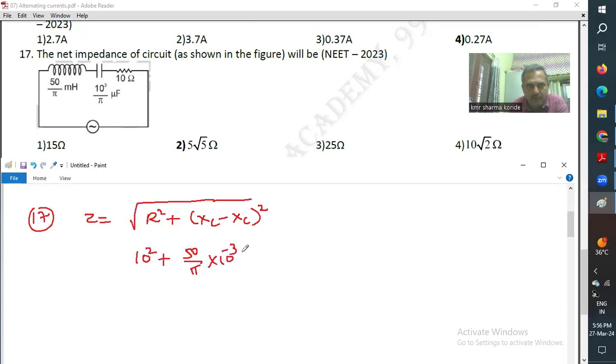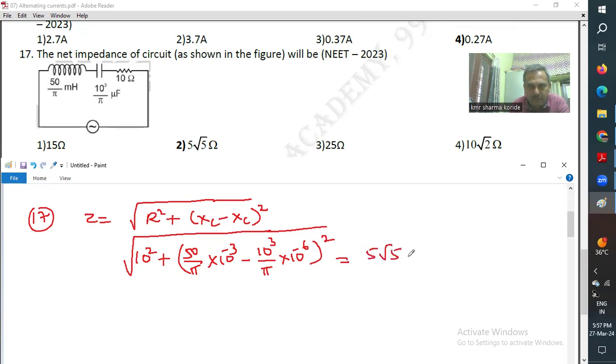Then this is going to be minus, so 10 cube by pi, but micro, minus 6 whole square, but root. If you simplify this, you will get the answer as pi root 5. You can verify it. Very simple.